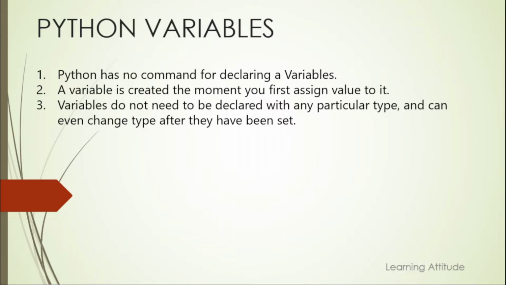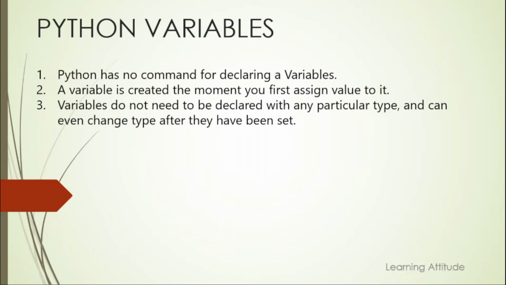If we enter any value in double quotes, it will be taken as a string. If we give a value like 5.5, it will be taken as a float. So basically you don't need to declare the particular type, and you can change the type after it has been set. Means you can change the type from integer to string also.